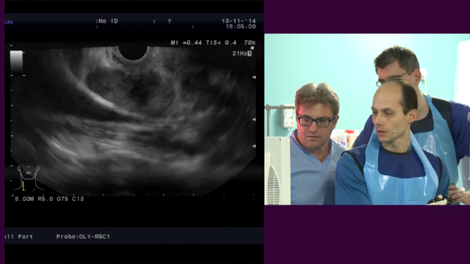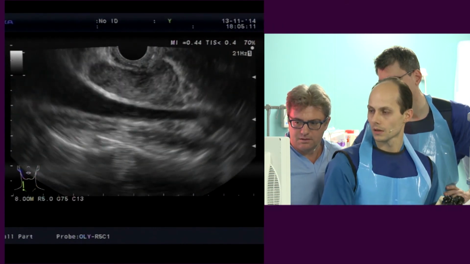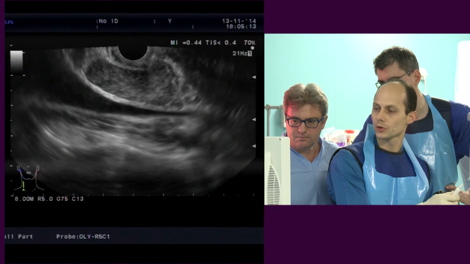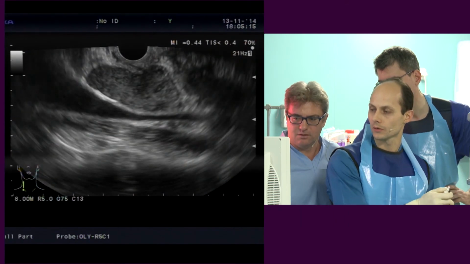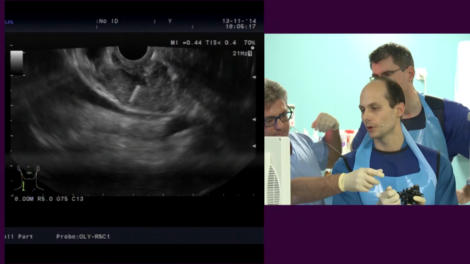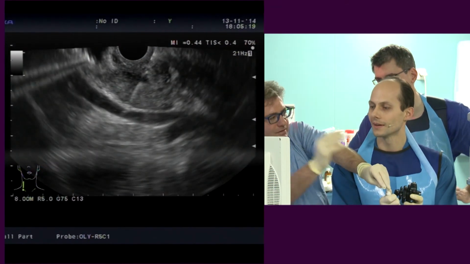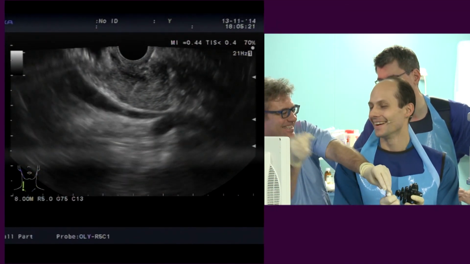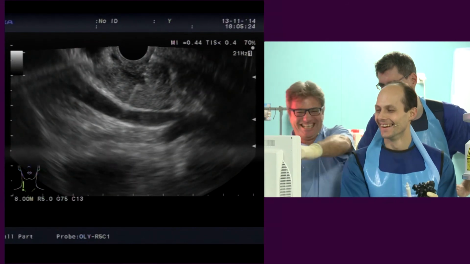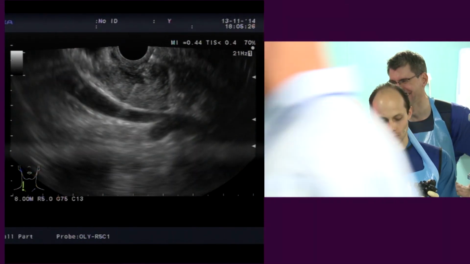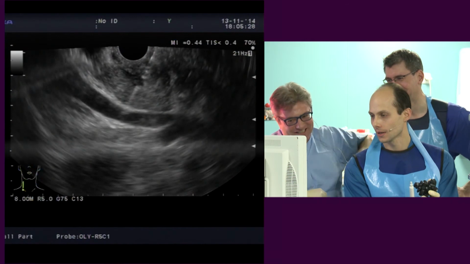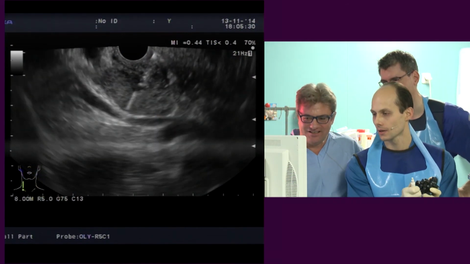Let's advance a bit more. Victor, can you see the ultrasound? Yes, we can see it. We do not feel how dense it is. Now the needle is inside of the node.